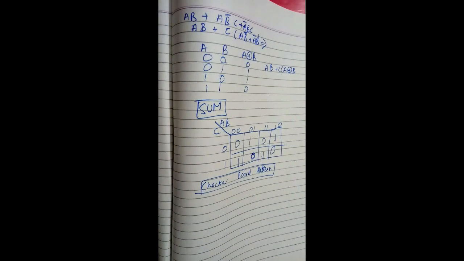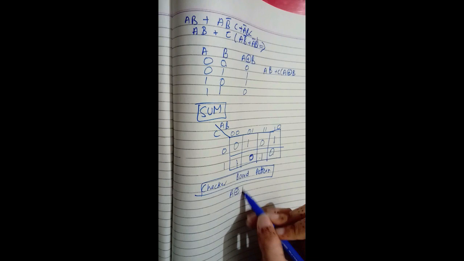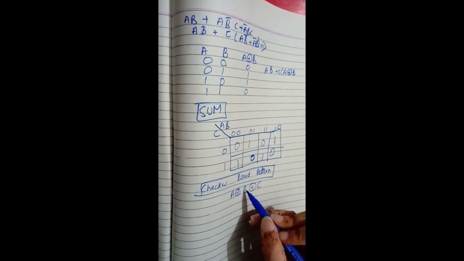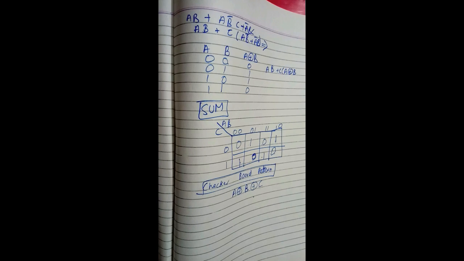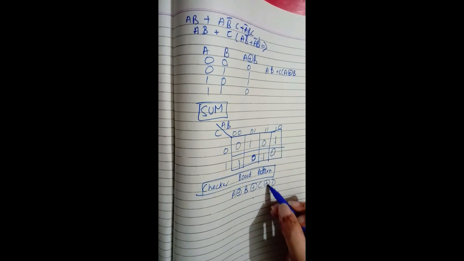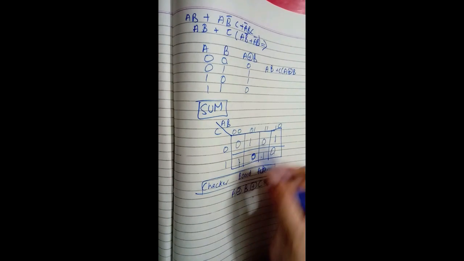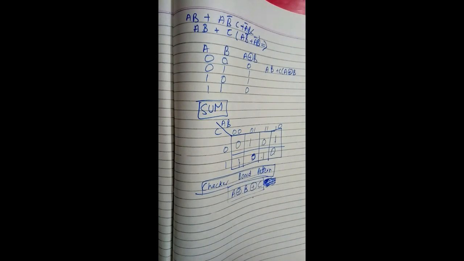After 1 there is 0 and after 0 there will be 1. So this is the checkerboard pattern which says A XOR B XOR C. This is what the checkerboard pattern means. And if there are 4 variables, we will add one more D, like this. We will have to add the XOR gate. But now here we have 3 inputs, so this is our expression.